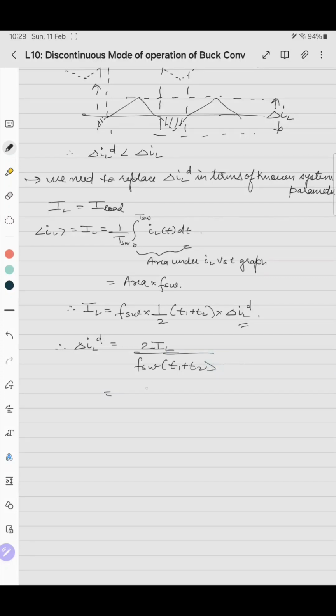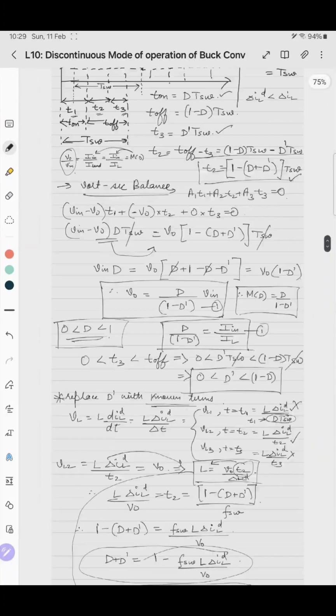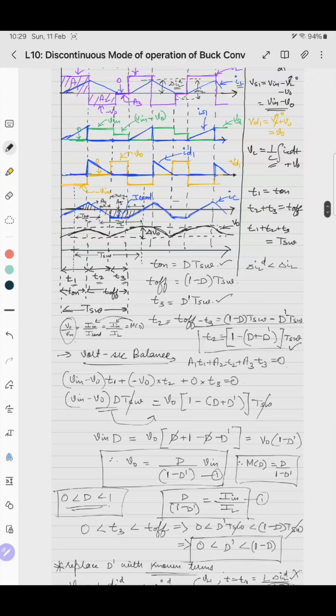Now if you substitute T1 and T2, we'll get 2 capital IL by F switching into T1 is D into T switching, so D by F switching, plus T2. So what was our T2? It is a big expression.